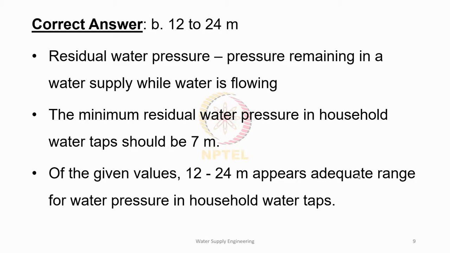Since our first option is only till 6 meter, we can't consider that. If it was 3 to 7 meter, we could have chosen that, but it is only 3 to 6 meter and the minimum requirement is 7 meters. So of the given values, the best option is 12 to 24 meter, which is the requirement of residual water pressure in household water taps. I hope that is clear.